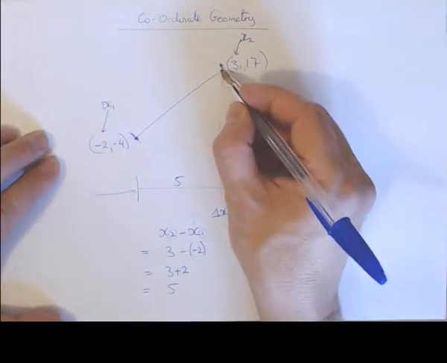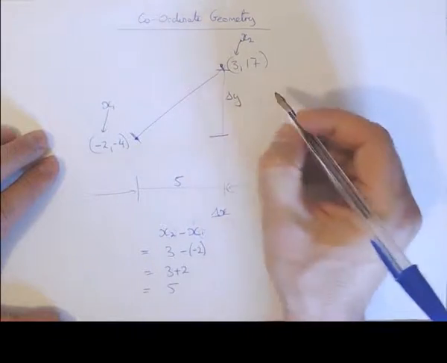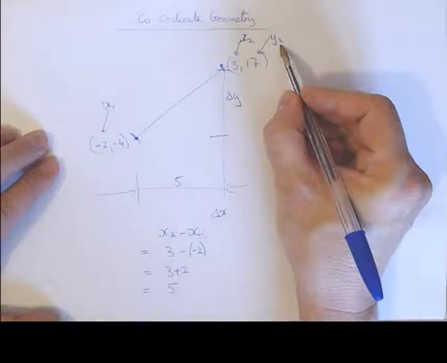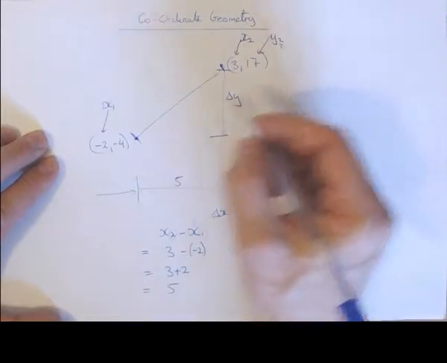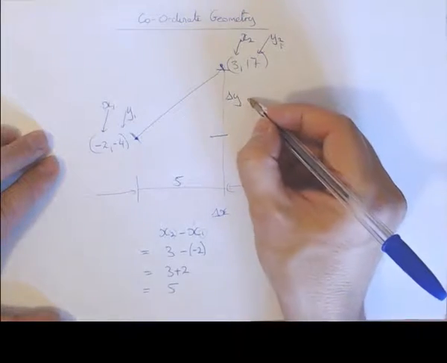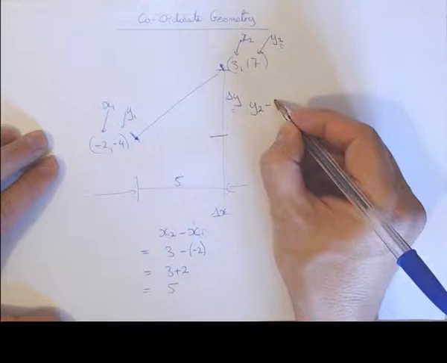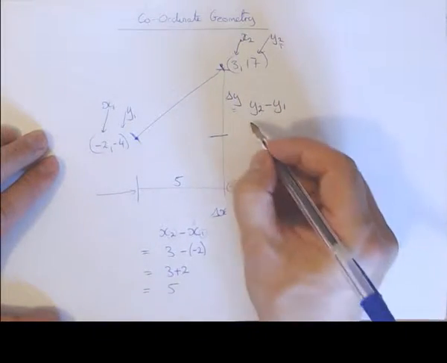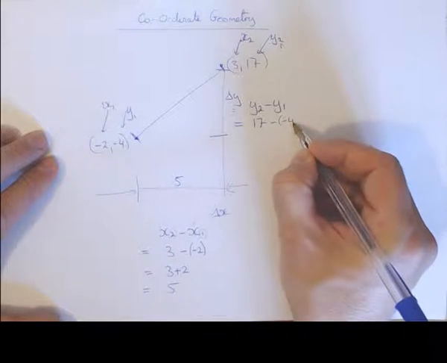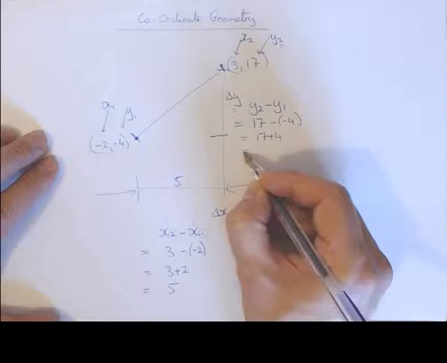To find the distance from here to here, the change in the y value, we took the y value for couple 2 less the y value for couple 1, which is 17 take away negative 4, equal to 17 plus 4, which is 21.